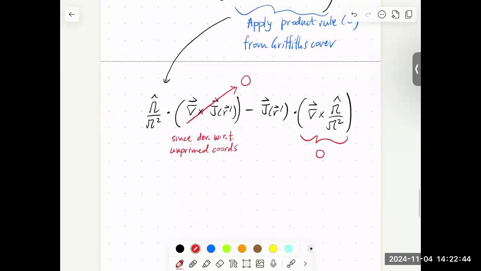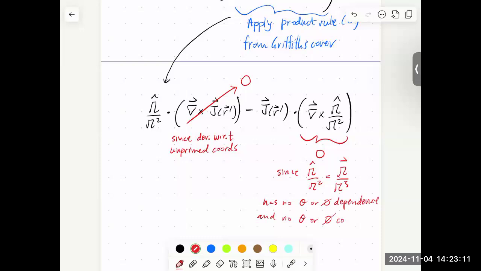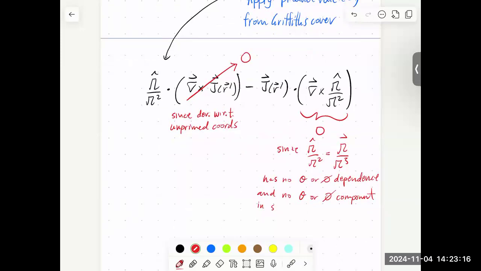And this is going to be 0 since the r hat over r squared, which we could write as vector r over script r cubed, has no theta or phi dependence, and no theta or phi components, say in spherical coordinates.